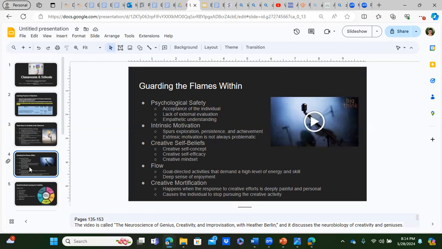The next thing that we want to talk about is intrinsic motivation. This comes from within as a positive response to the task itself. It spurs a person to explore, to persist, and to achieve based on the satisfaction of a task. Researchers have examined factors affecting motivation in a variety of activities, some creative, others not.